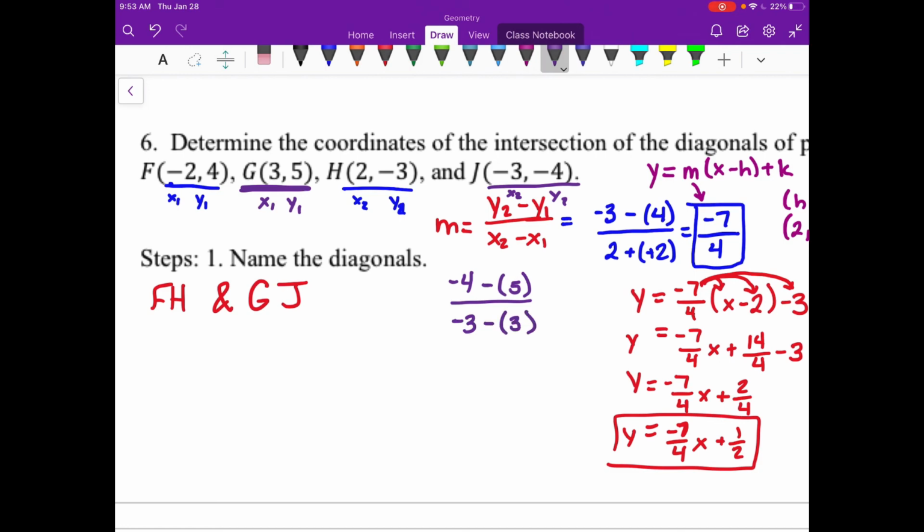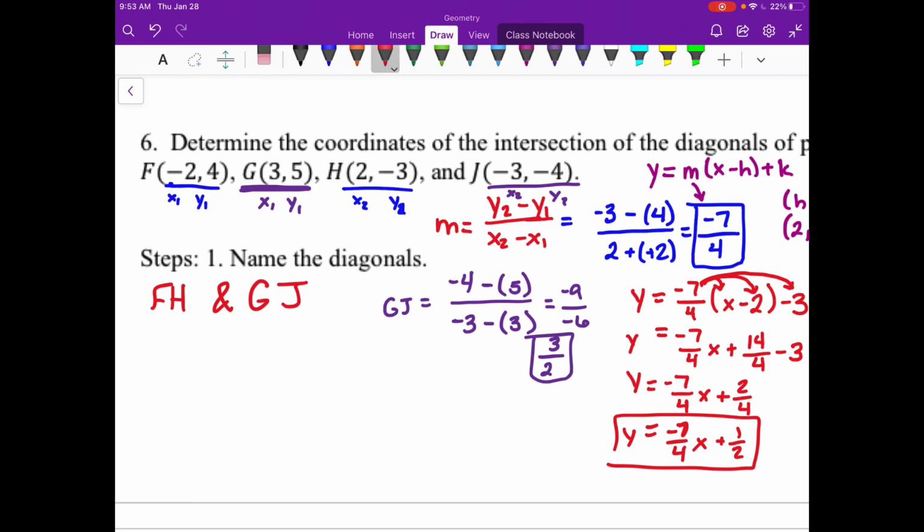So I'm looking at G and J. This is the slope between G and J. This simplifies to negative 4 minus 5, which is negative 9, over negative 3 minus 3, which is negative 6. That simplifies to 3 over 2. So this is my slope of GJ.